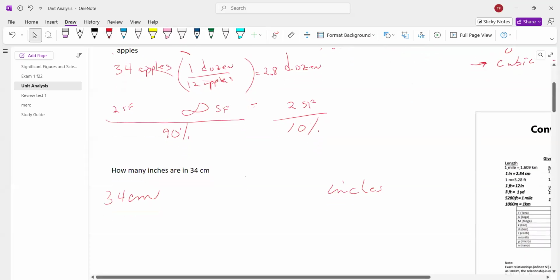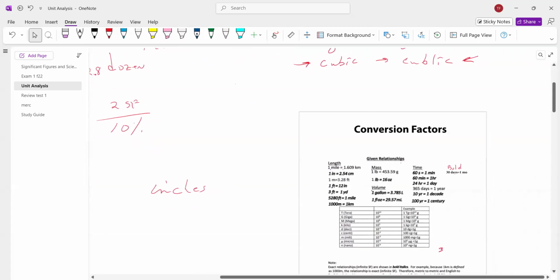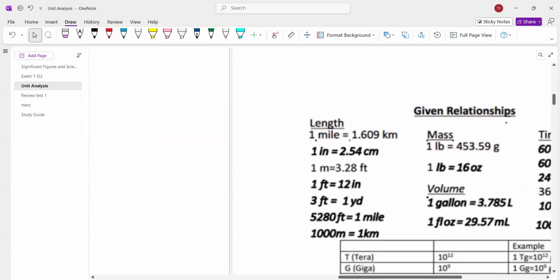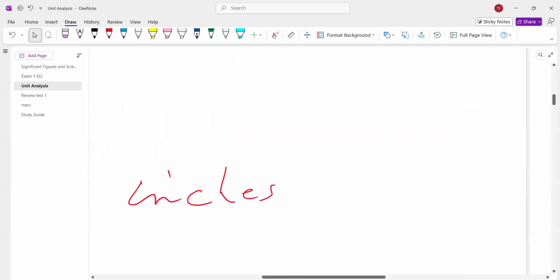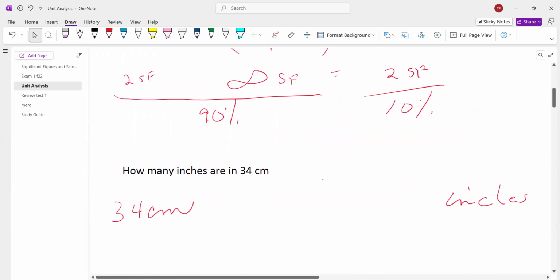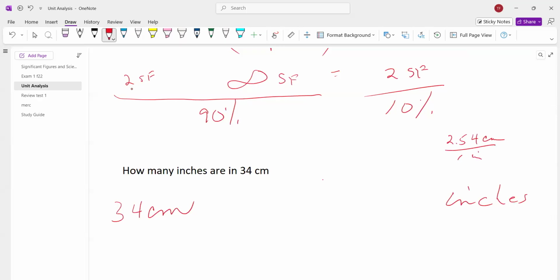Okay, so we need a conversion factor that's got centimeters and inches in it. Let's see. Do we have such an animal over here? We do. Look at that. It's also boldfaced. So that means it's infinite sig figs. Now, we convert it into a fraction. So we want to end up with inches on the top.